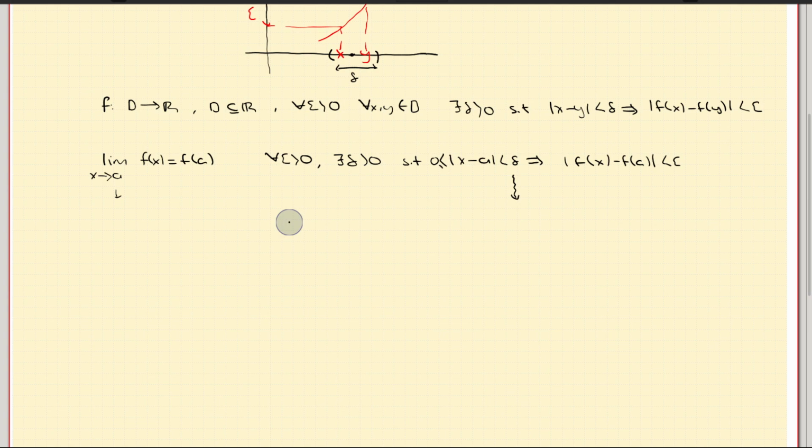At point A, we can find a delta A, and we say that this function is continuous at point A. At another point B, we can find another delta B, and the first delta simply doesn't work. We will see an example of this. This is the difference between ordinary continuity and uniform continuity.